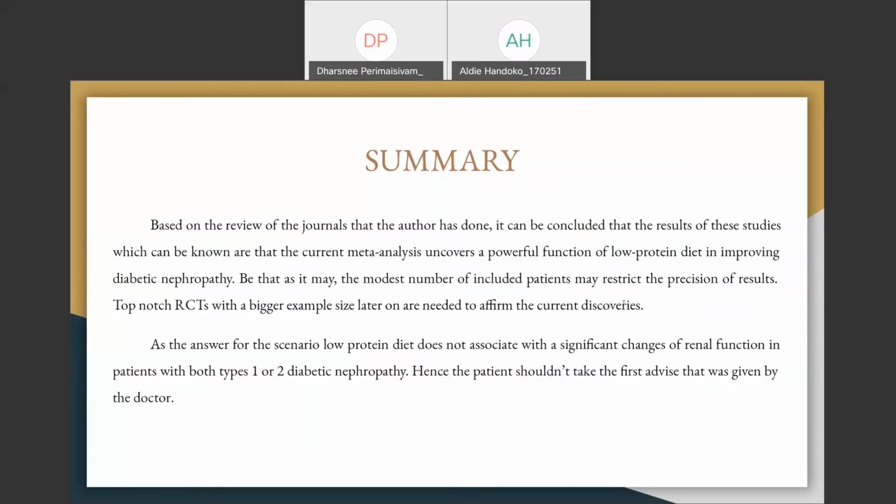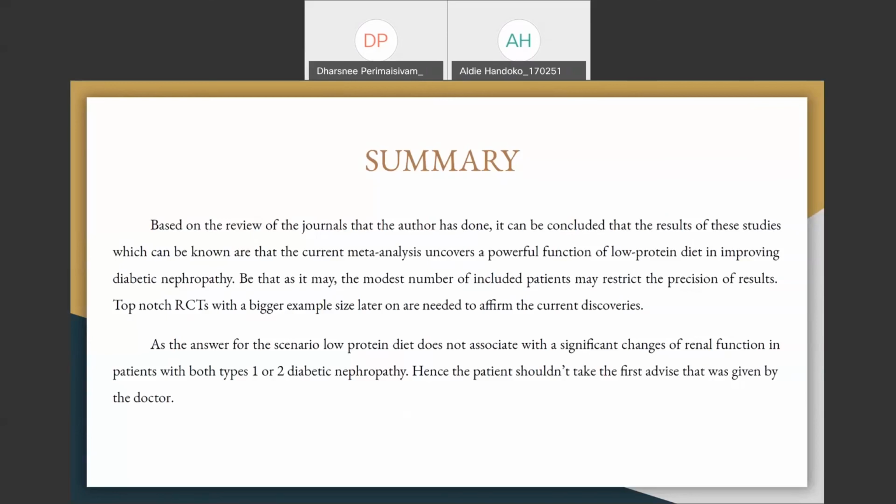Okay. For the summary, based on the review of the journals that the authors have done, it can be concluded that the current meta-analysis uncovers a powerful function of a low-protein diet in improving diabetic nephropathy. Be that as it may, the modest number of included patients may restrict the precision, and top-notch RCTs with a bigger sample size later on are needed to affirm the current findings.